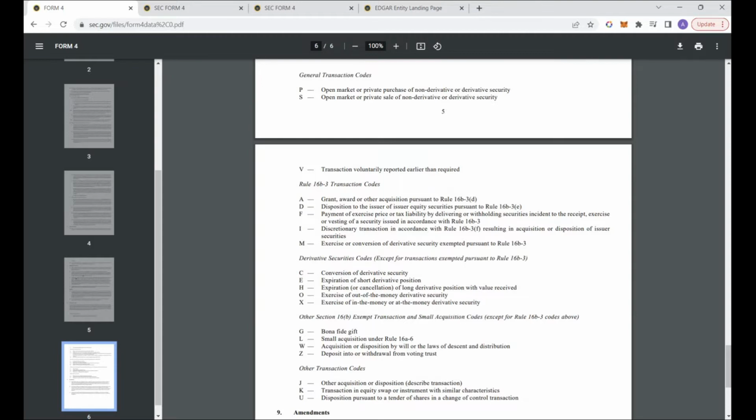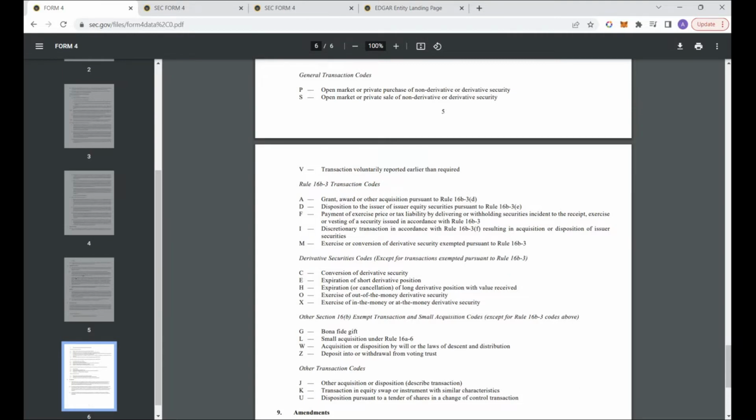Okay, so let's start with the first one that's on this list, which is P. So if you see a P transaction code, that means the insider purchased shares either on the open market or through a private transaction.